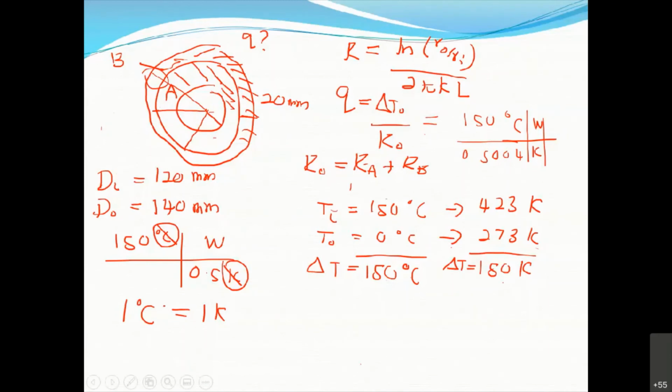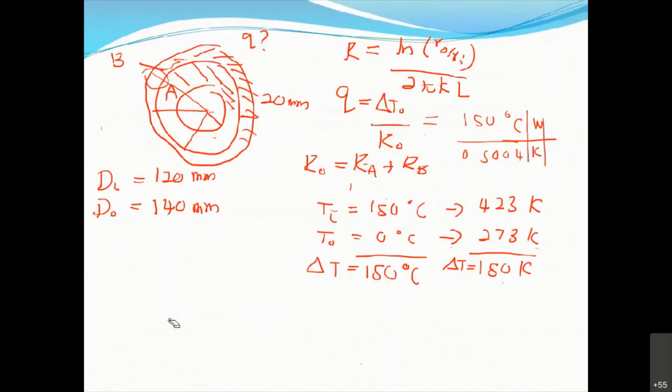If you are still not very sure whether you can do that or not, based on this rule, let's say we have 150 degrees Celsius, and you divide with, let's say, 0.5 Kelvin over watt.